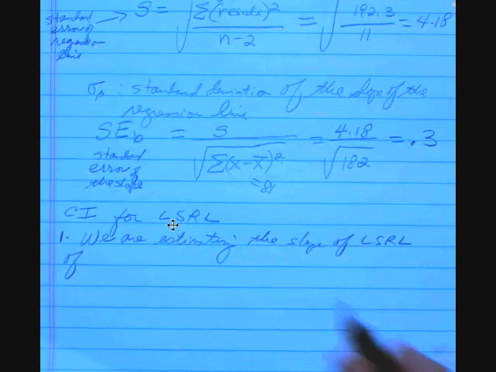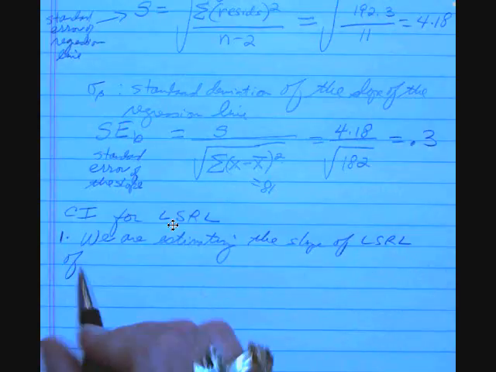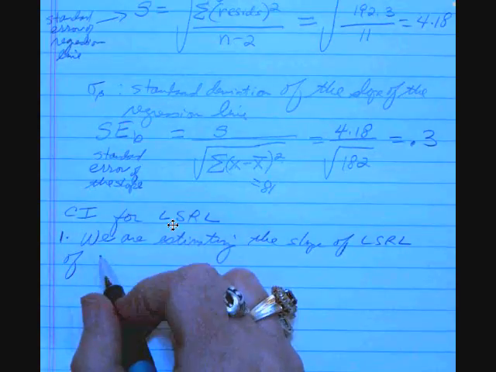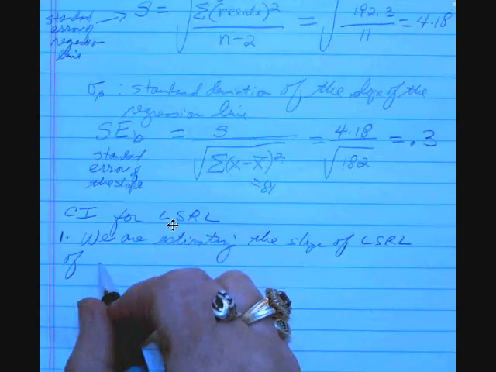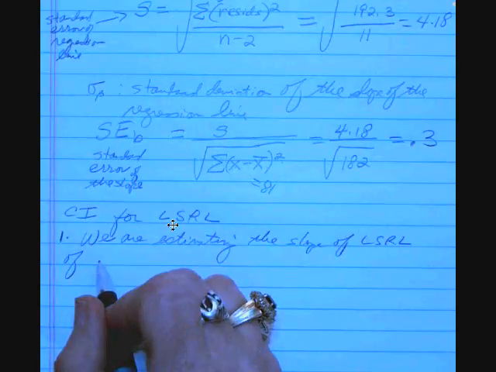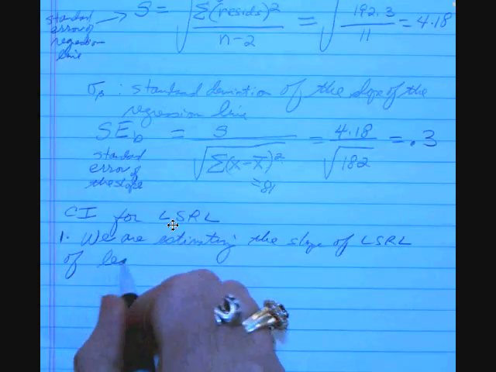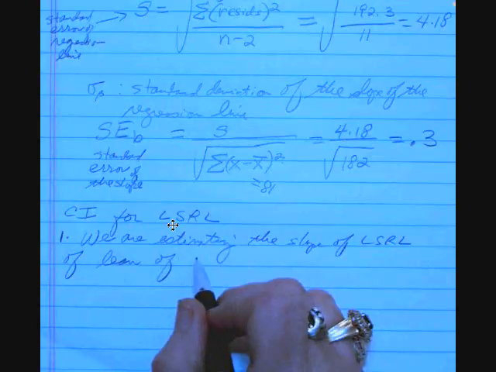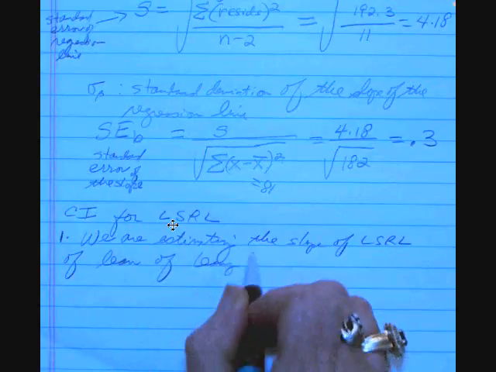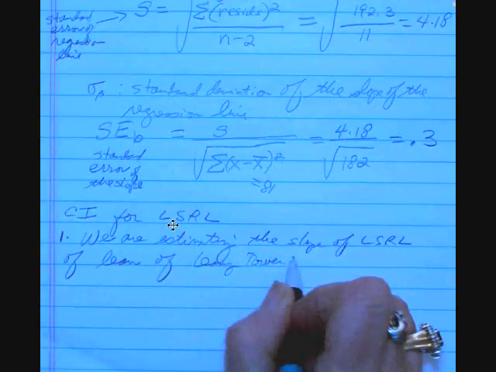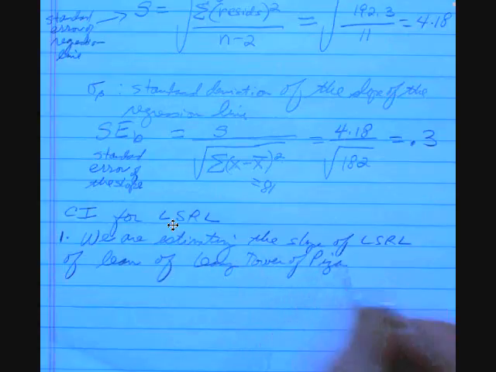So the slope of the least squares regression line of the, let's see, what am I going to call this? Lean of the Leaning Tower of Pisa. P-I-Z-A?